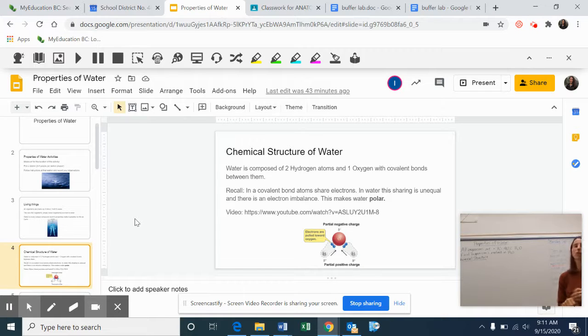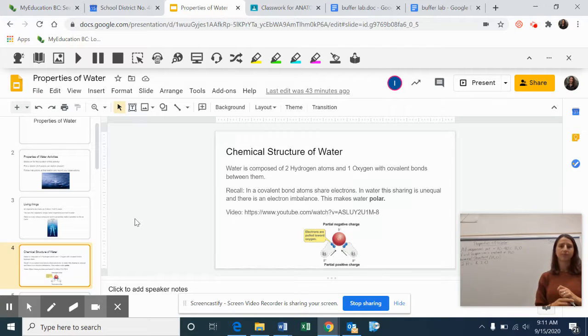Okay, so the chemical structure of water, as you guys know, is H2O. So it has 2 hydrogens and 1 oxygen, and they're bound together. What kind of bond would be between those molecules? Covalent or ionic? Covalent, yeah, because it's 2 nonmetals.